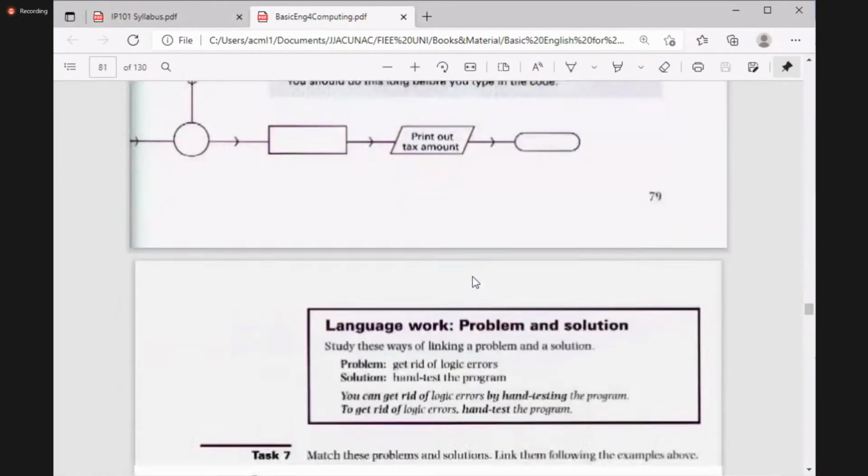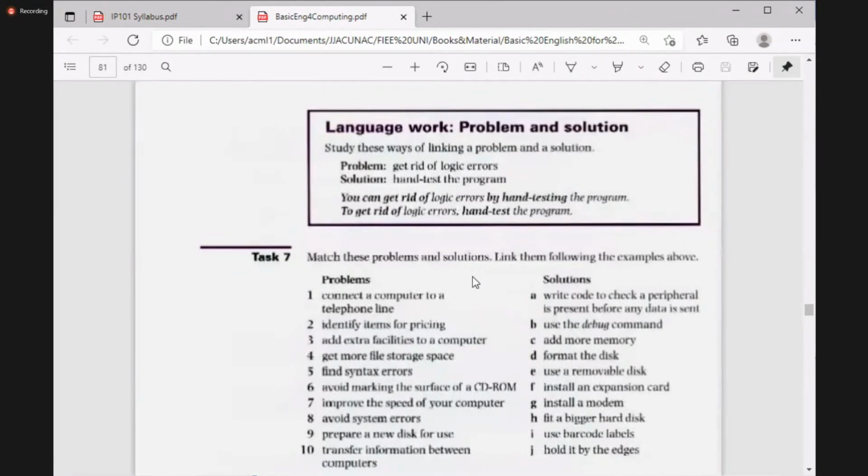The language word that we have in this unit is connected to problem and solution. For example, the use of: you can give this solution by doing this. So for example, you can connect a computer to a telephone line by installing a modem.